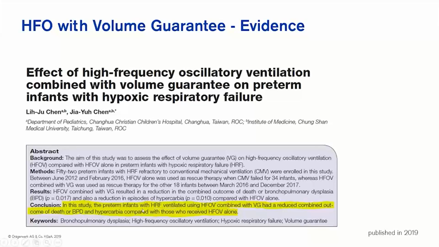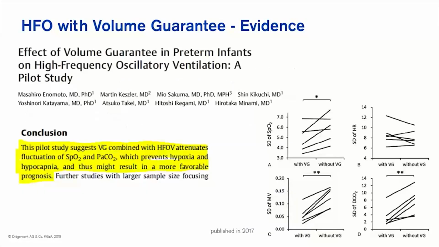In this study, the preterm infants with HRF ventilated using HFOV combined with volume guarantee had a reduced combined outcome of death or BPD and hypercarbia compared to those who received high frequency oscillation alone.